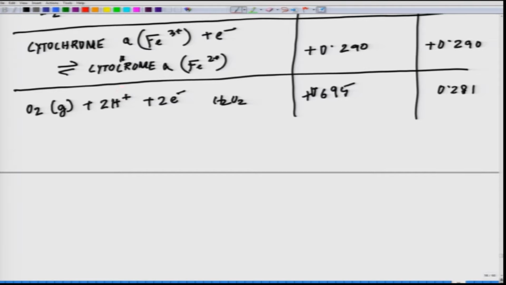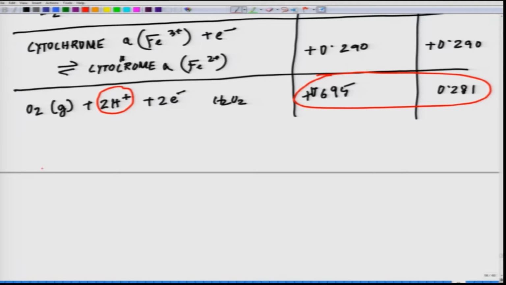Here is another example of the difference you could see. Similarly, for cytochrome c Fe3 plus plus electron making cytochrome c Fe2 plus, you will see plus 0.254 volt E0 prime.